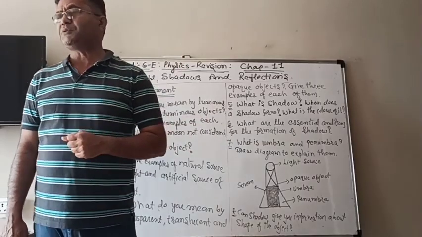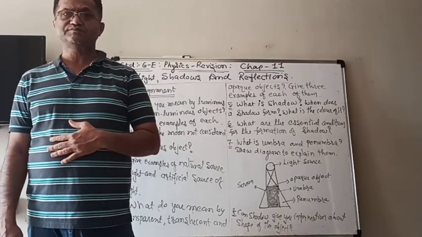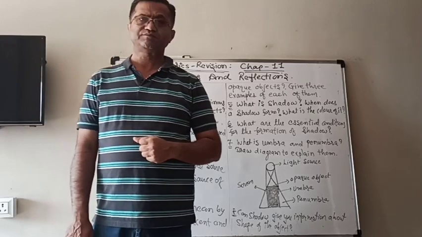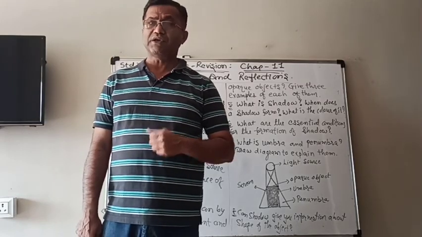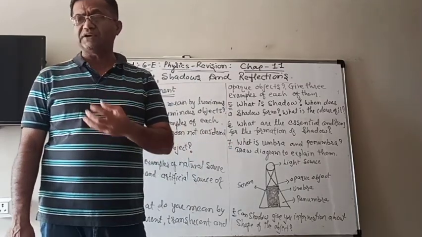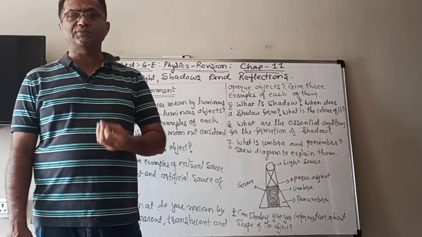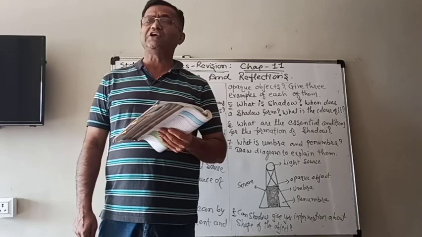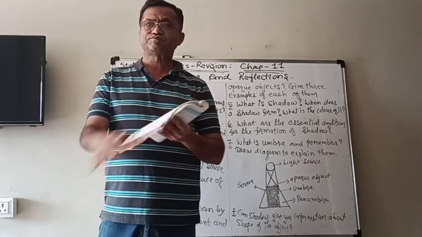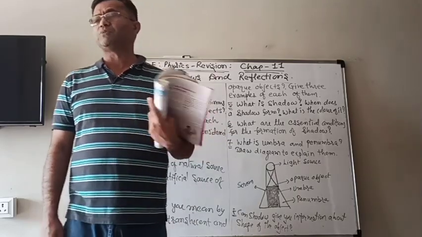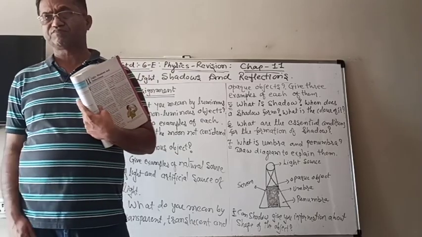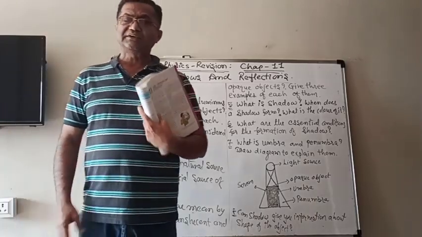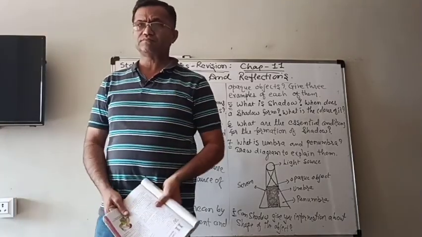Next, if you take a tracing paper or a butter paper, or if it is not available, you can take a normal paper from the notebook and put a few oil drops and rub it around. Then you will be able to make an oil paper. Now try to look through it.